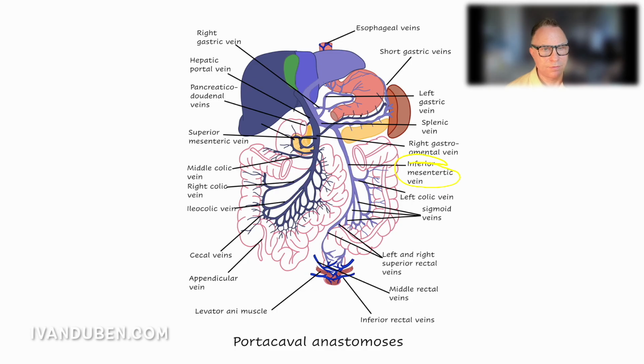And both of these veins obviously are collecting blood from the small intestine and colon, directing it back towards the liver. And there's a distinction that occurs at the liver where the superior will go towards the right lobe, the inferior will go towards the left lobe.